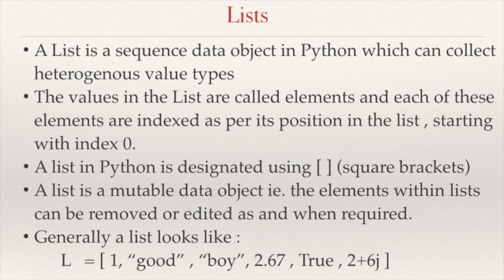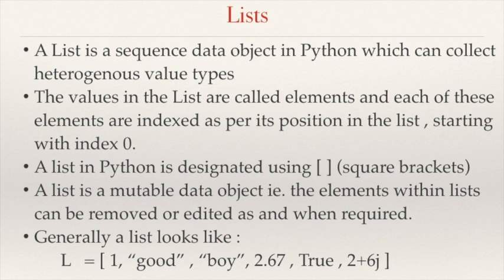As told before, lists are, like strings, a sequence data object. That is, like strings, the elements or the values stored in the lists are sequenced according to a particular subscript or index number.